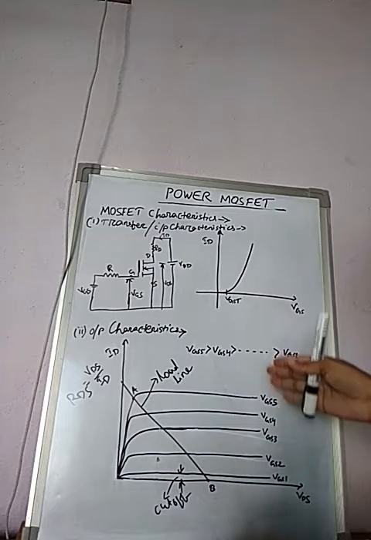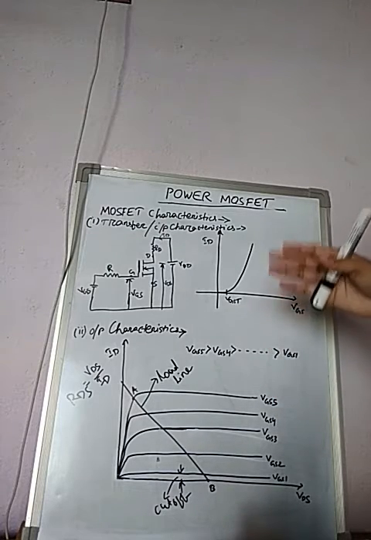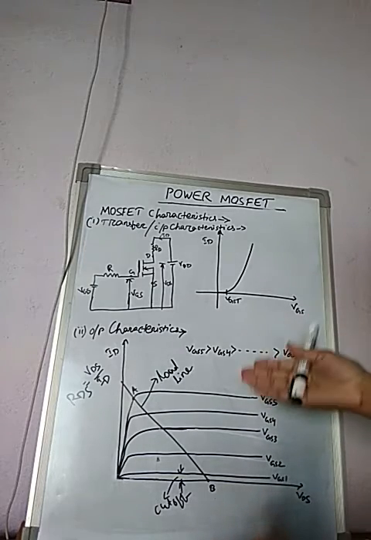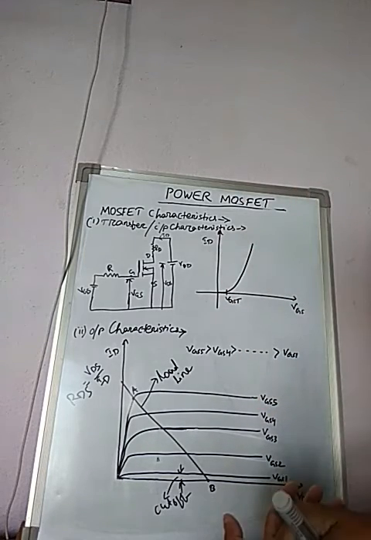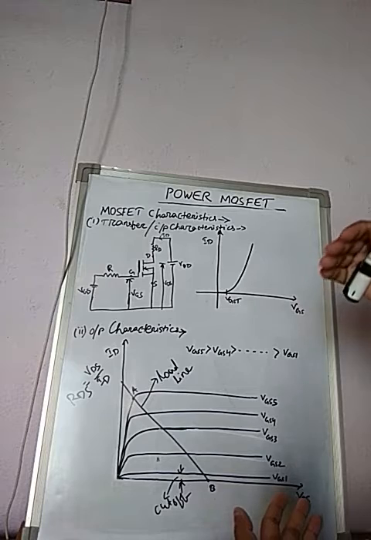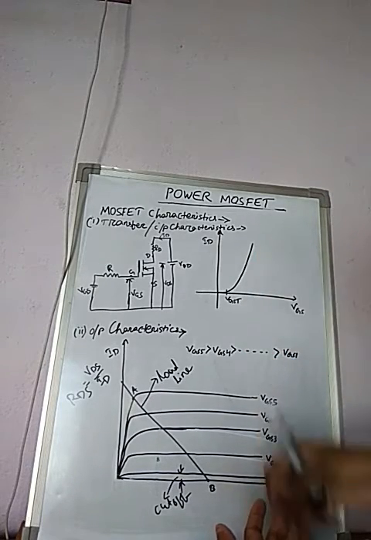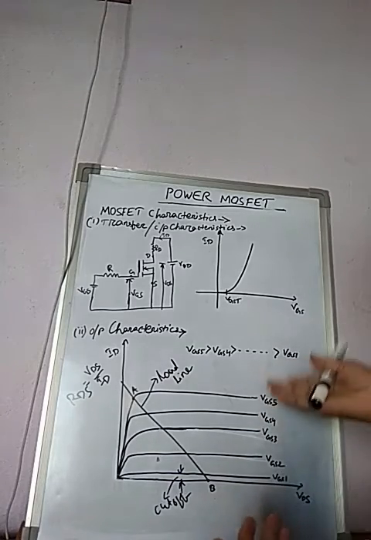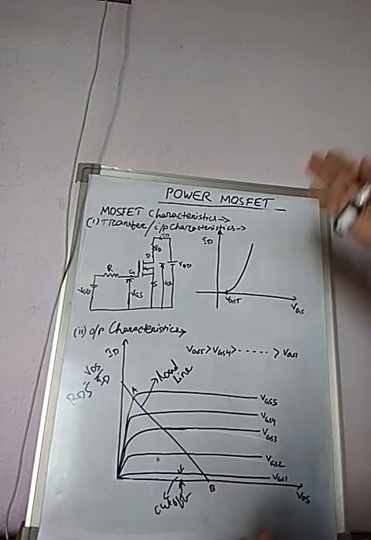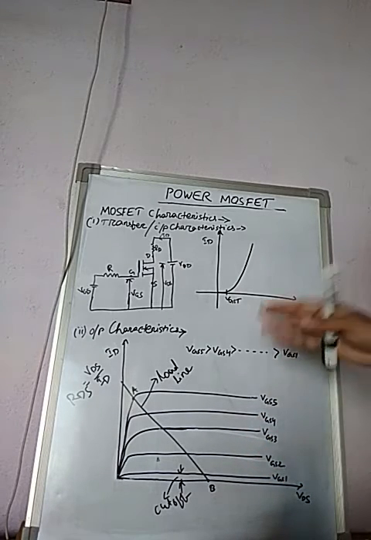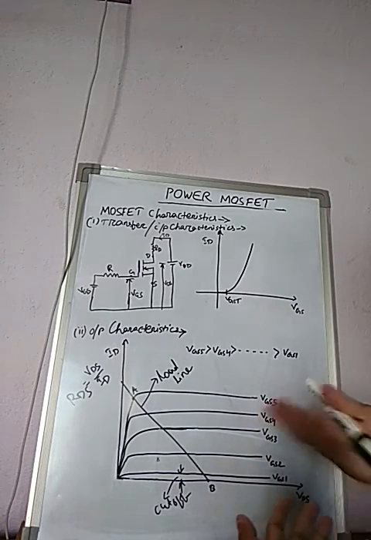Under steady state, what are the changes in the parameters, what are the changes in the voltage and current parameters, like what are the changes in the drain current, what are the changes in the VDS, drain source voltage. So this shows all about the steady state characteristics. Okay, and in the next part we will study the switching characteristics.